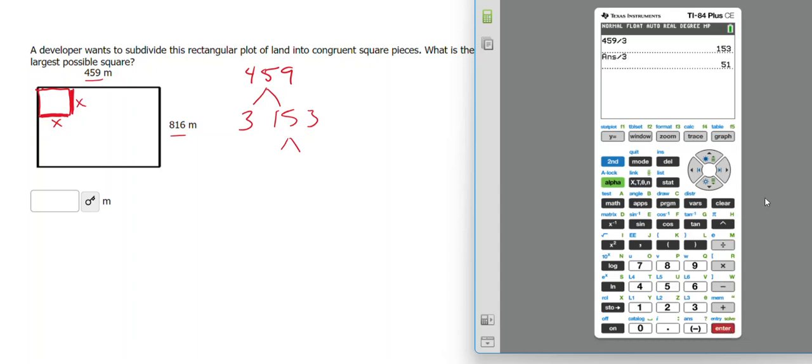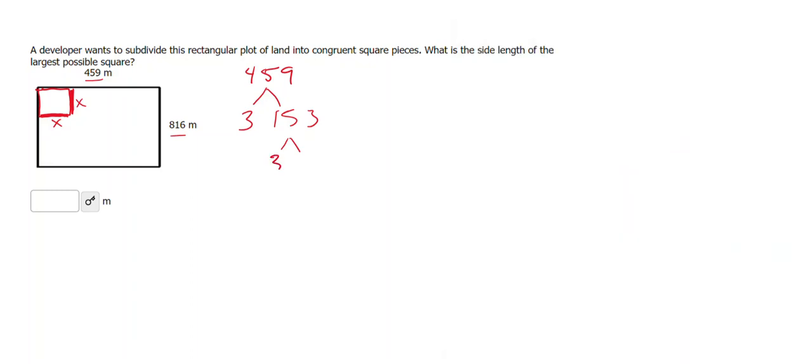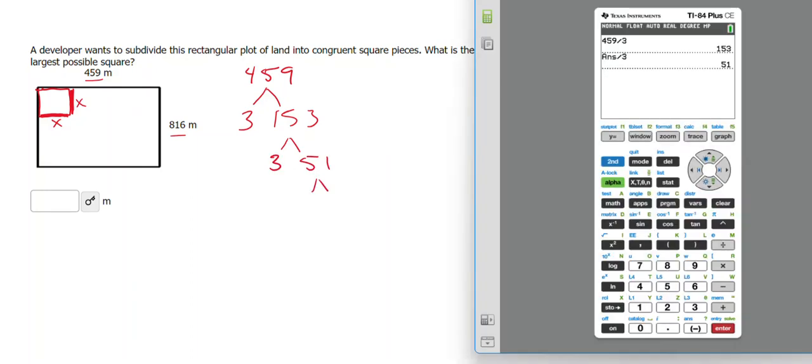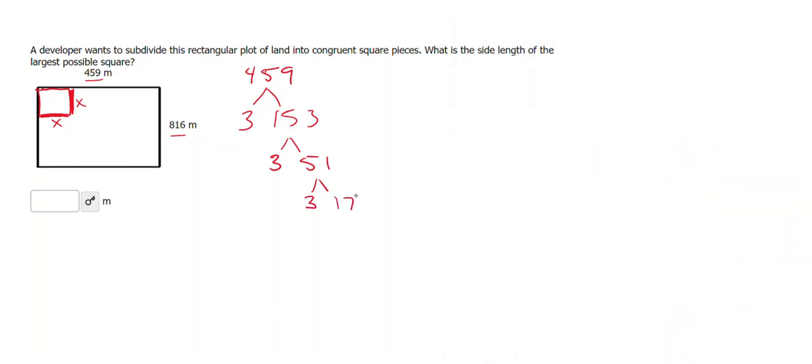So 153 divided by 3 is 51. And now 51, we can do this one more time. We can divide by 3 as well. So 17. Okay, so 459 can be written as 3 to the power of 3 times 17, because 17 is a prime number. All right, so that's that one.